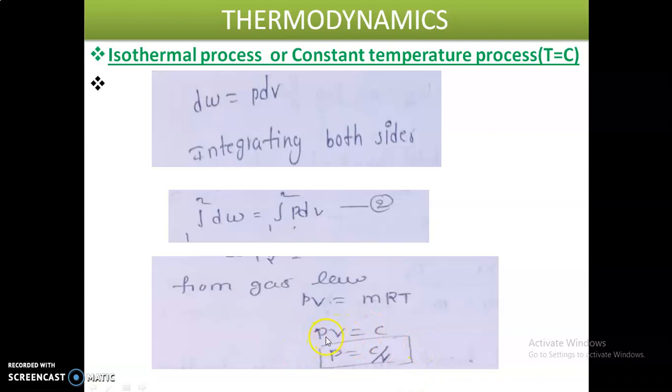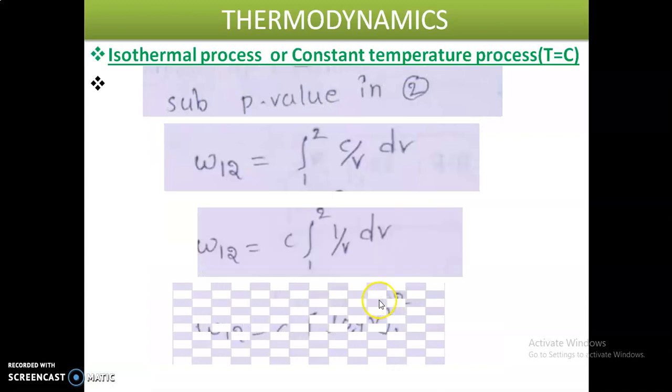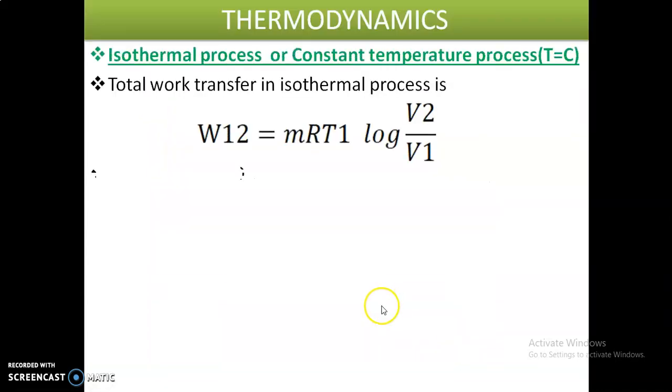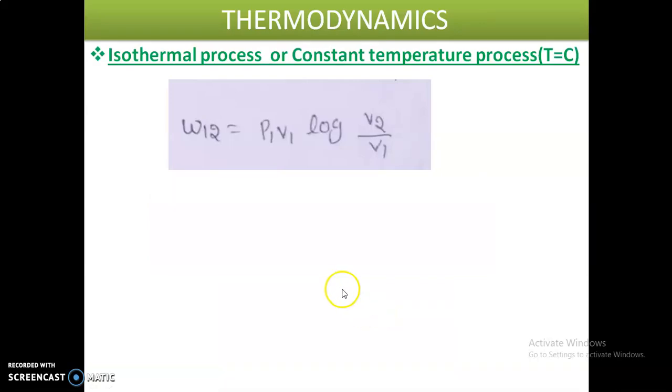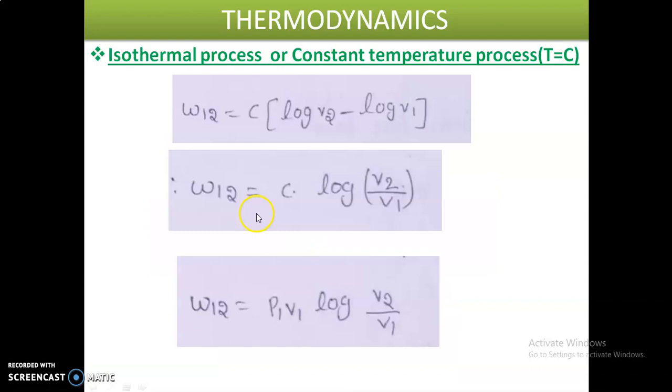So we can write P1 V1 is equal to C, P2 V2 is equal to C. In place of C we can substitute P1 V1 log V2 by V1. This is the total work transfer in the isothermal process.